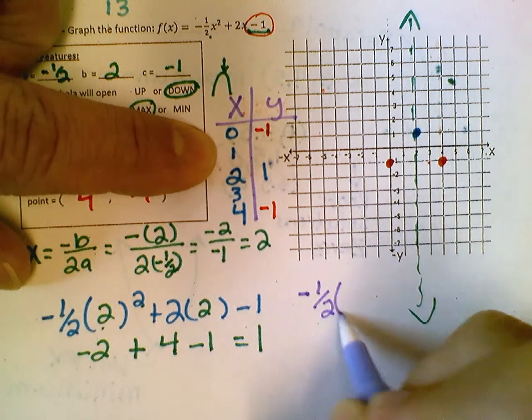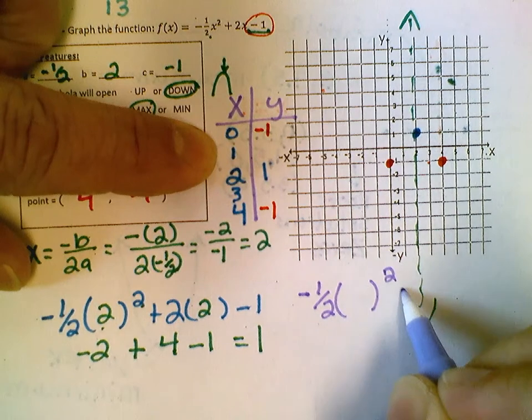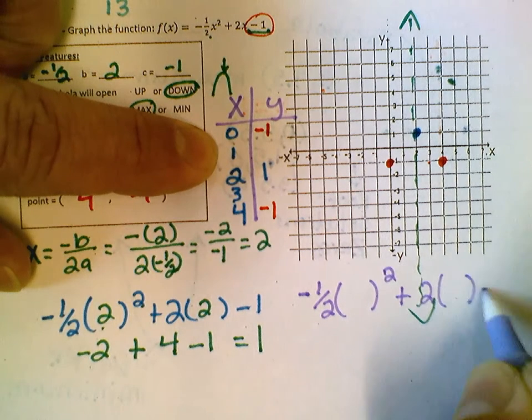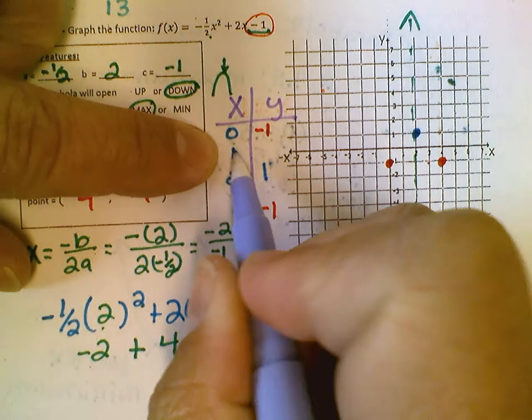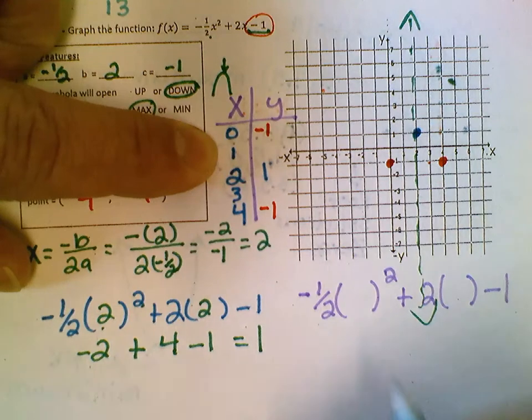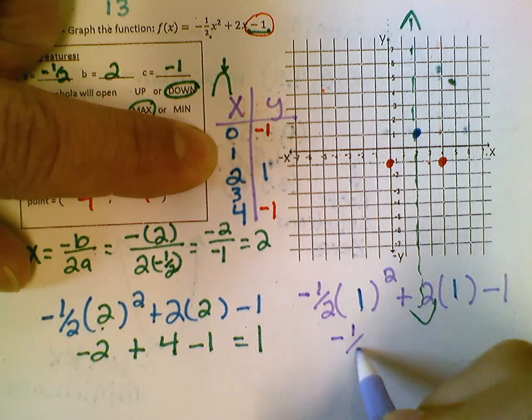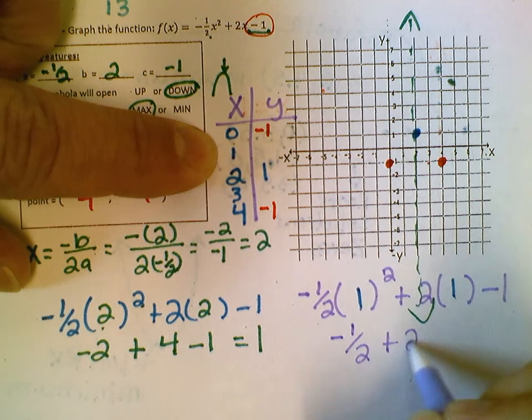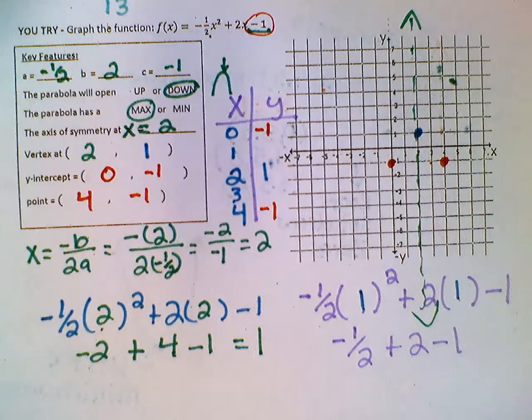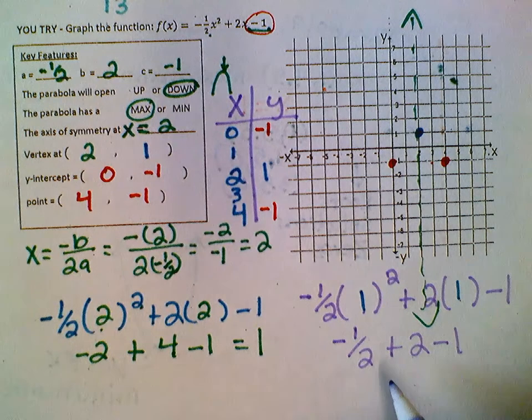So I have a negative 1/2 x squared plus 2 times x minus 1. And I'm substituting my 1. 1 squared is 1 times negative 1/2 is negative 1/2, plus 2, minus 1. So negative 1/2 plus 2 is 1.5.